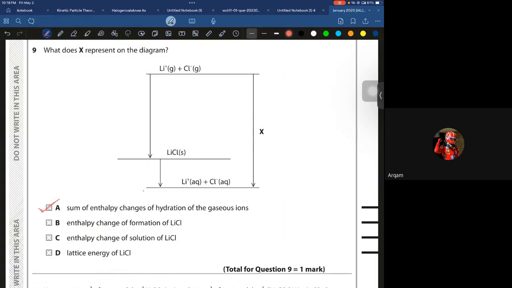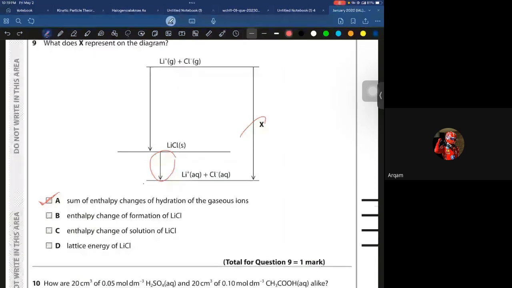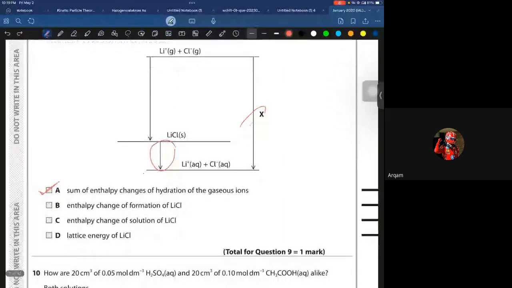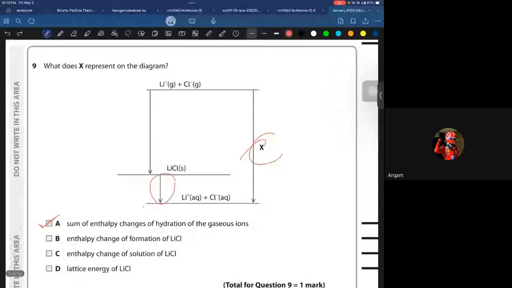It's not the formation, and in C it's not the solution. It's hydration, remember. And it's not lattice energy, because if you remember, we discussed different things about lattice energies. So, the sum of enthalpy changes of hydration of the gaseous ions.